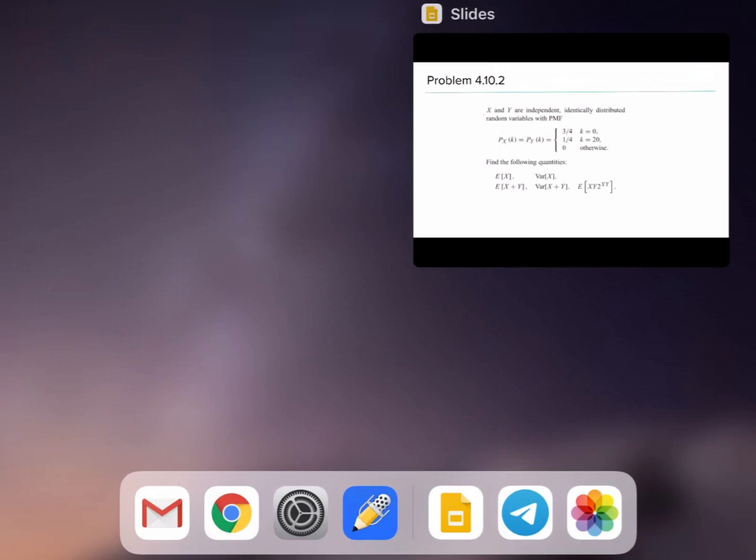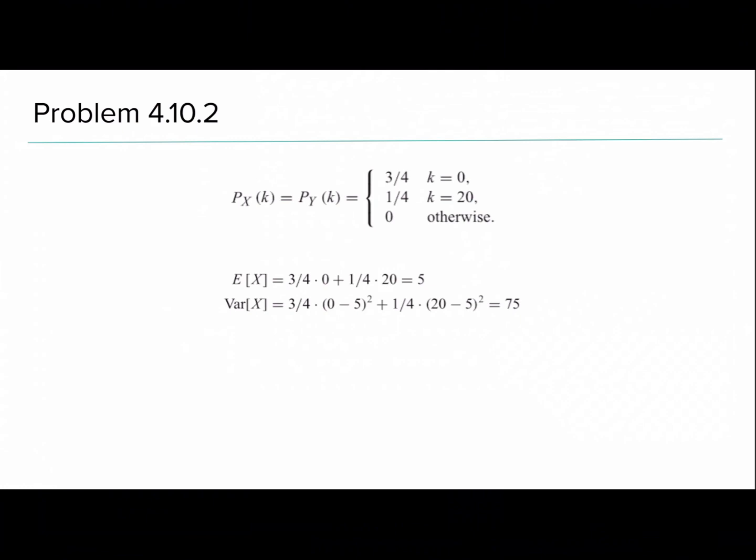So for the first part, to find the expectation of X, we're already given the PMF of X. We just have to apply the formula, which is sigma x P_X, which is 0 into 3 by 4 plus 20 into 1 by 4, which comes out to be 5. And to find the variance of X, we can apply the formula, expectation of (X minus mu_X) whole square.